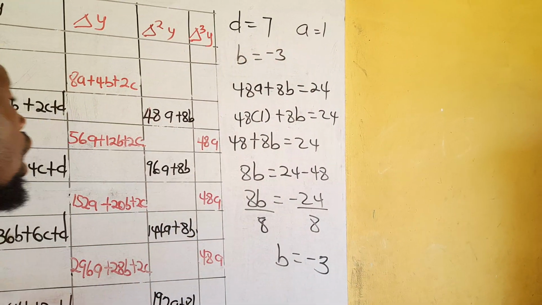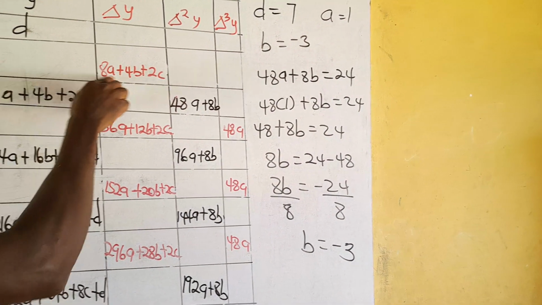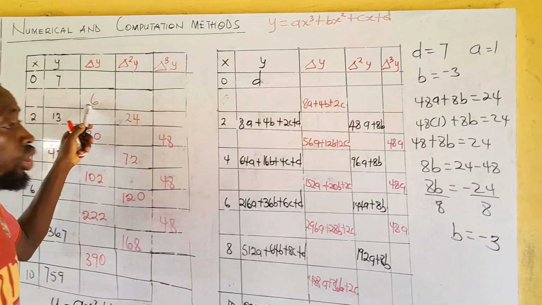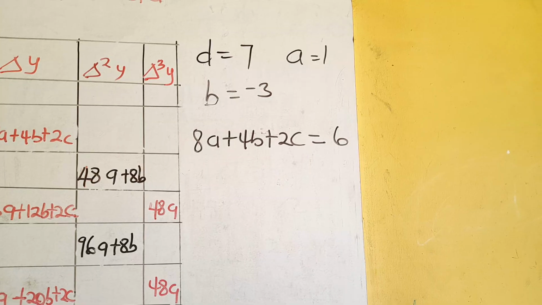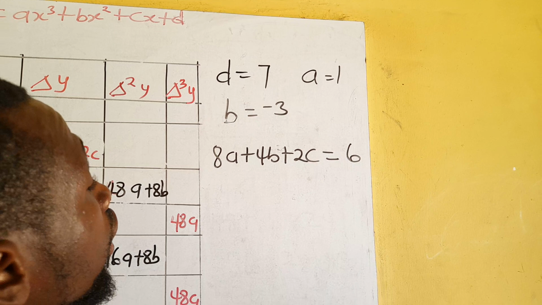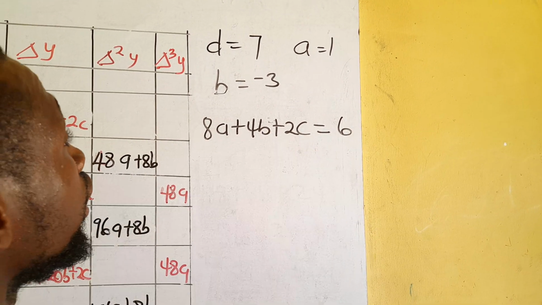We find our c. Remember 8a plus 4b plus 2c will be equal to 6. So now we substitute the values of a and b into this to get our c.